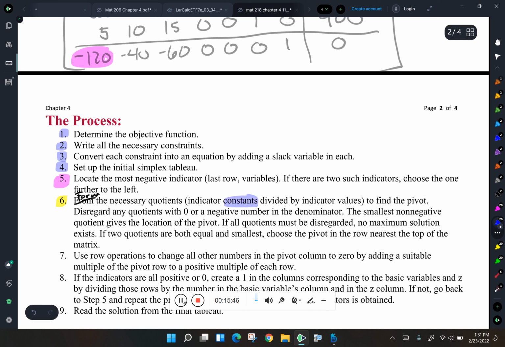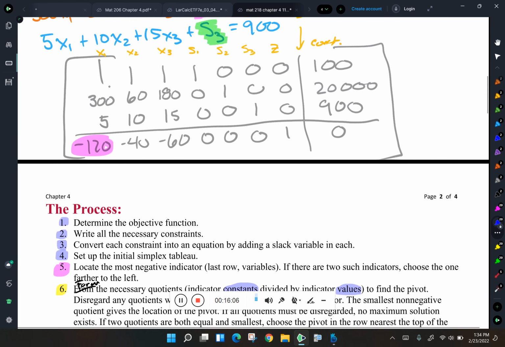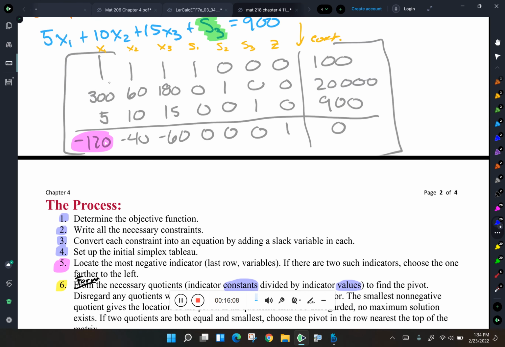Constants are that last column. Values are the coefficients of the column above the indicator. That's the negative 120 that I just highlighted in pink. So I'm going to go back up to my tableau, and I'm going to make those quotients.